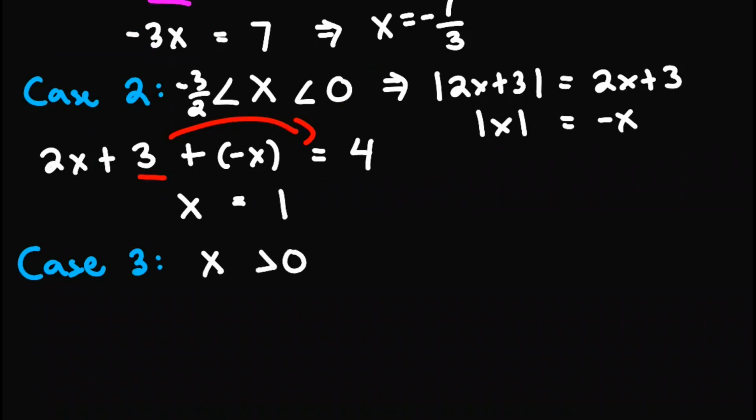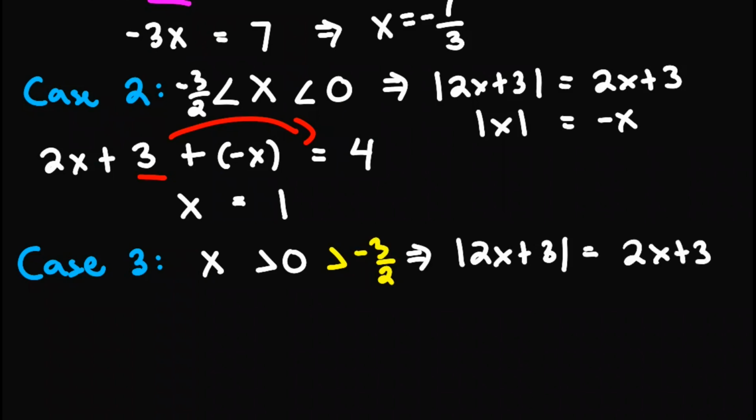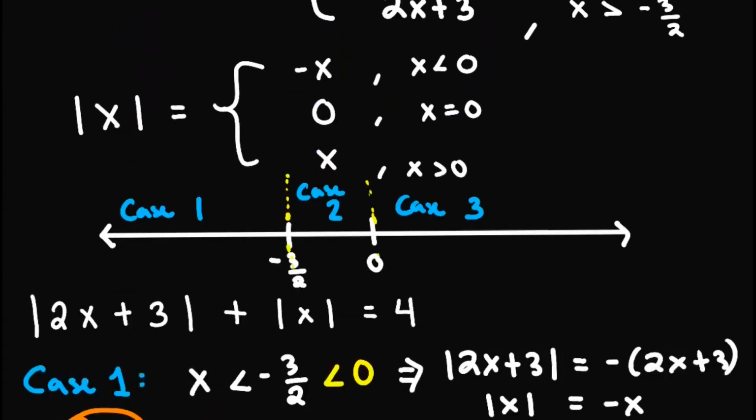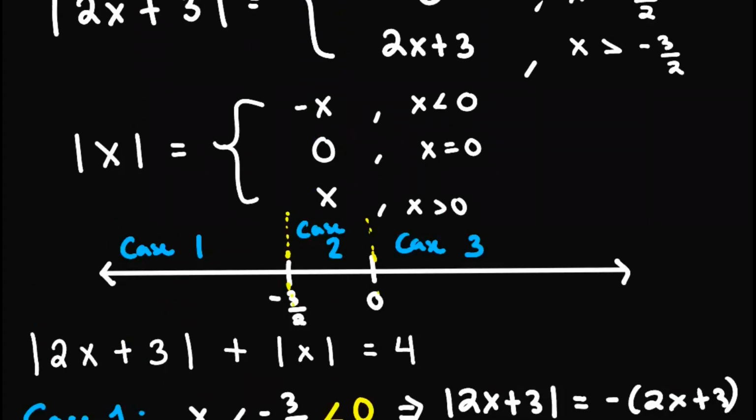So at x greater than 0, we've got 2x plus 3 to be, note that at x greater than 0, this also implies that x is greater than -3/2. So it's the same as in case 2, which means that we have here 2x plus 3. For the absolute value of x, for x greater than 0, note that that will be this one out here.